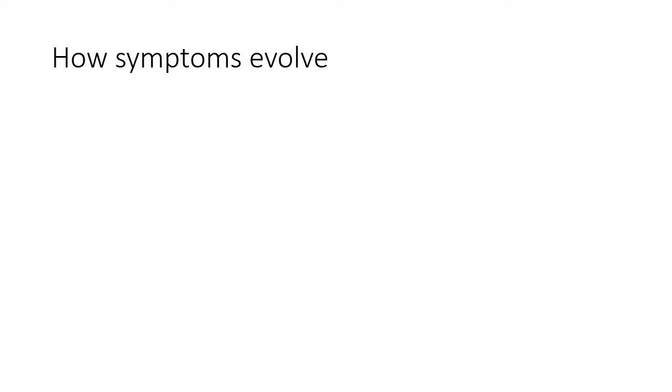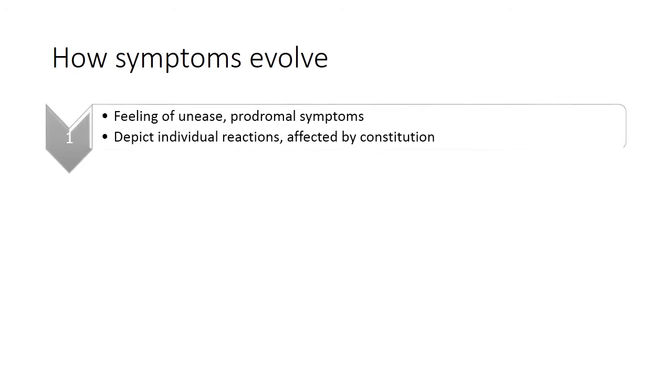Now, back to symptoms. Let us see how symptoms evolve. They evolve in stages. So the first stage is that a person has a feeling of unease and what is known as the prodromal symptoms. This is a stage when they depict individual reactions, and they are mostly affected by the constitution of the person. So they are very important.